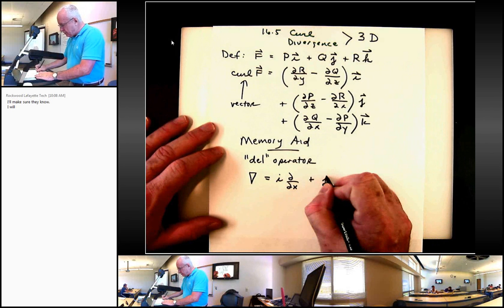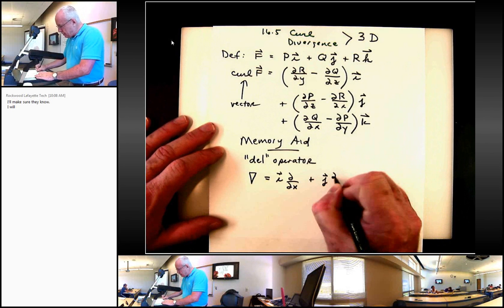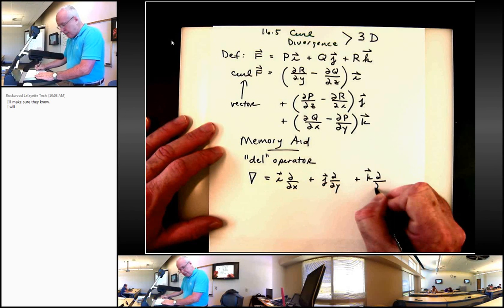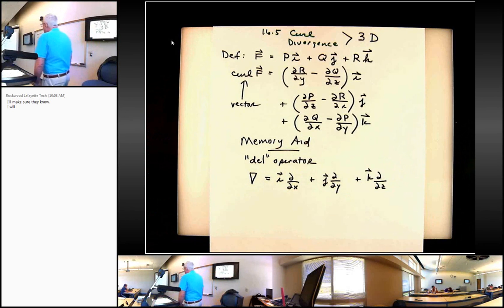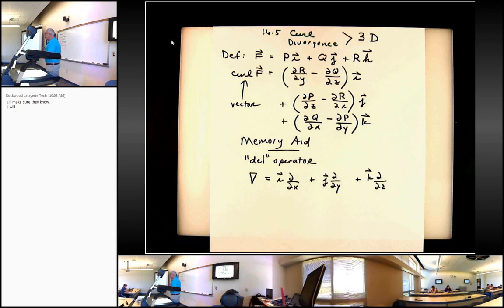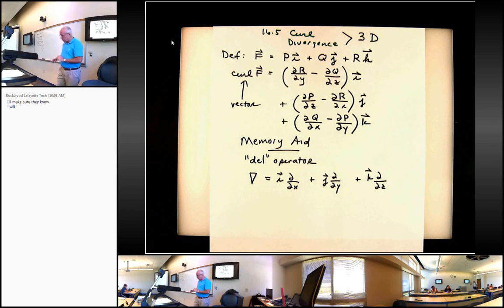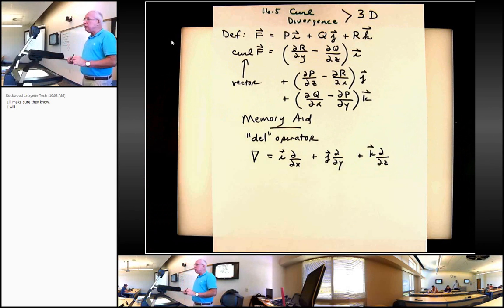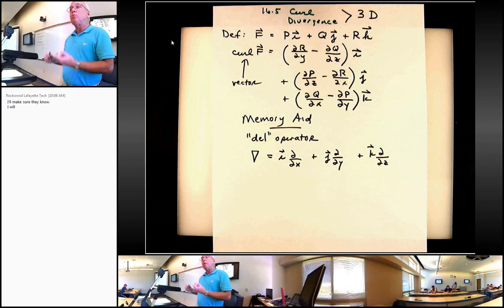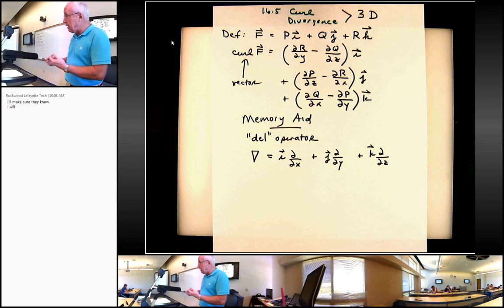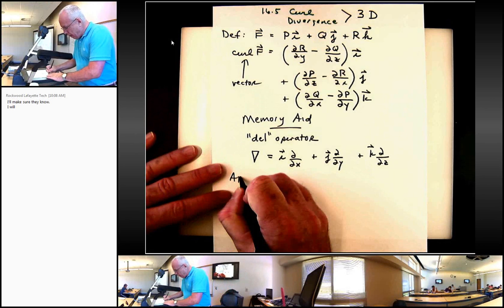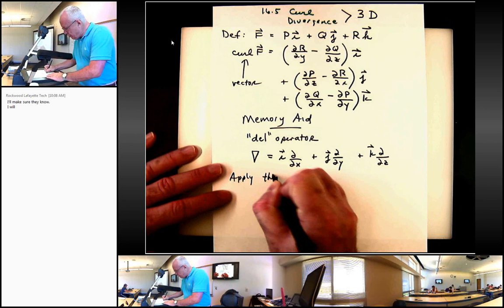Plus the j vector times del, del y, plus the k vector times del, del z. Now, obviously, in and of itself, this is meaningless because we don't have anything that we're applying the partial derivatives to. But we can apply this to a function. We can also apply this to a vector even. So apply this to a function.